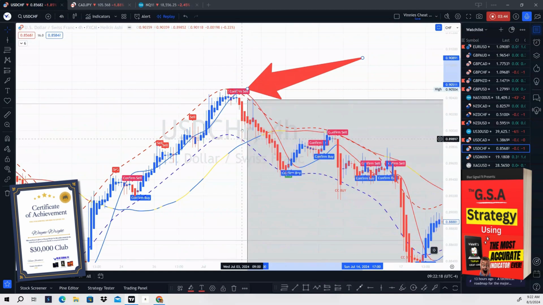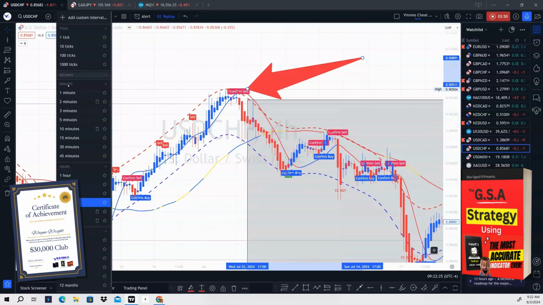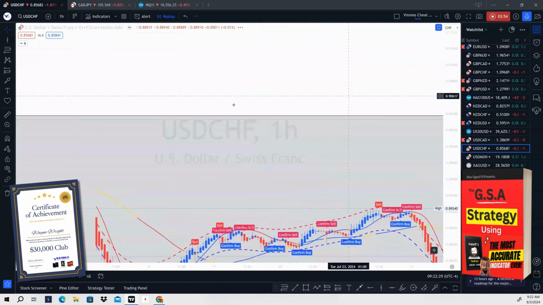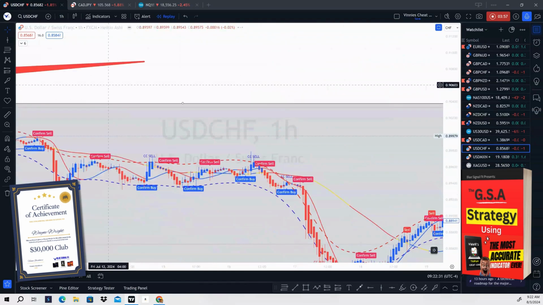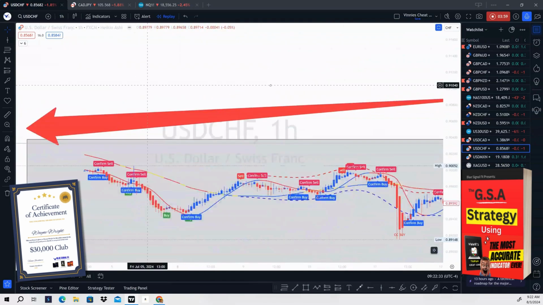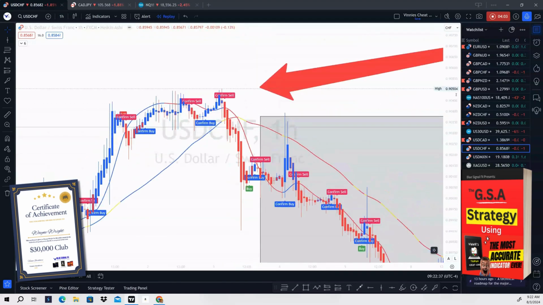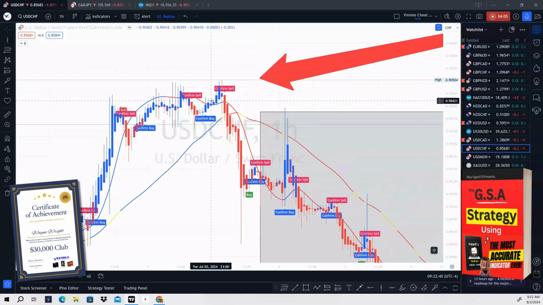Okay. So now that I have that on a 4-hour time frame, the next thing I'm going to do is go down to my entry time frame, which is the 1-hour time frame. And on the 1-hour time frame, all I'm waiting for is a break and retest of the HMA. The HMA is this line that you see here.